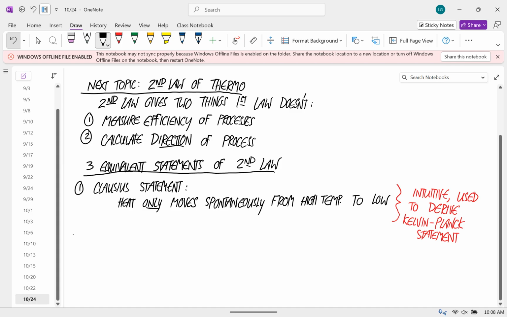The second of these equivalent statements of the second law of thermodynamics is the Kelvin-Planck statement.